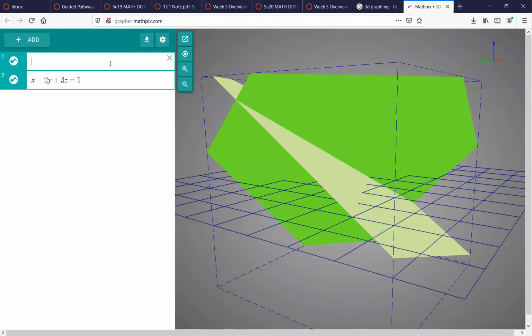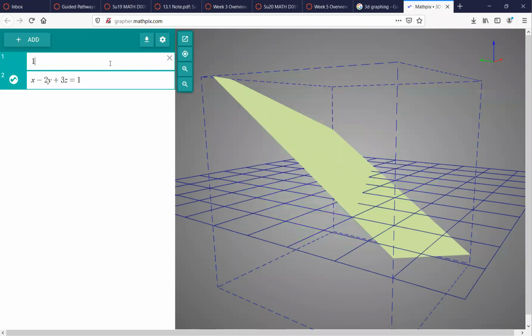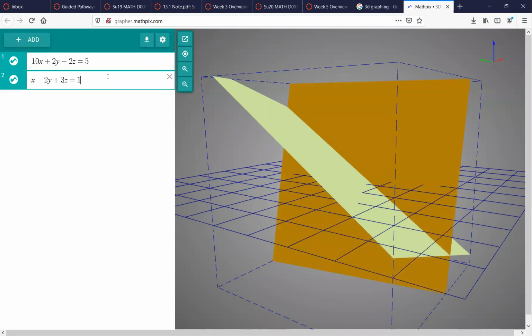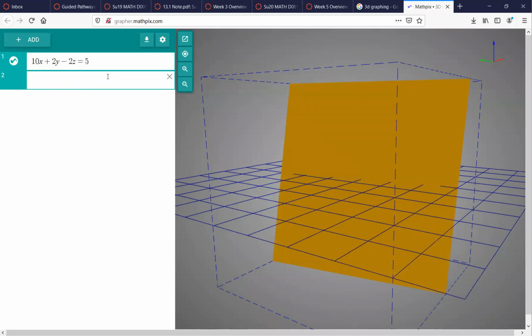Let's graph the first plane. 10x plus 2y minus 2z equals constant 5. And your second plane, which is parallel to this plane, is 5x plus y minus z equals 1.